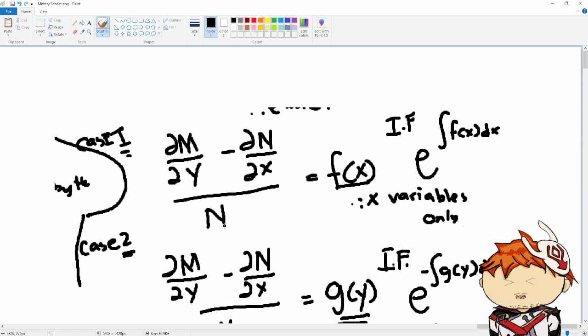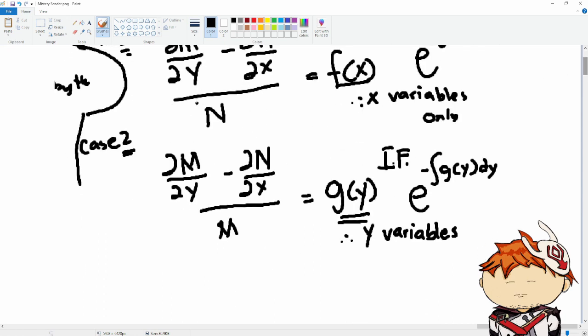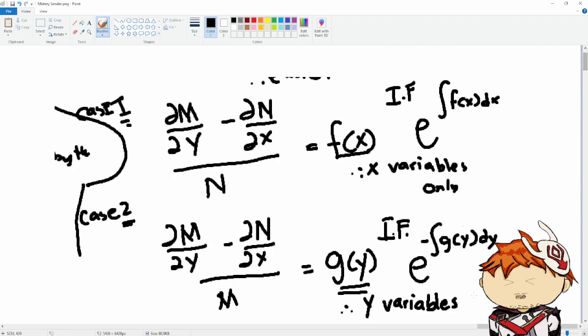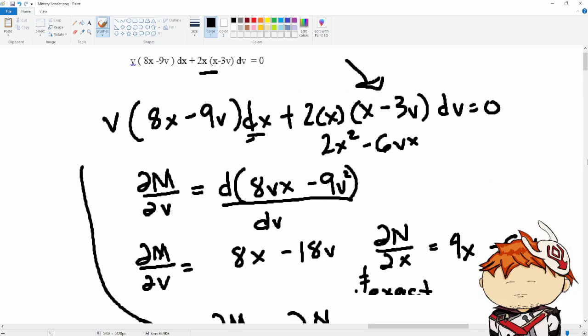Then divide it by N or M. If it's N, it should be x variables only. If it's M, it should be y variables only. And basically your integrating factor is e raised to the f of x dx or e raised to the negative g of y dy. If it's not, it cannot be turned to exact.